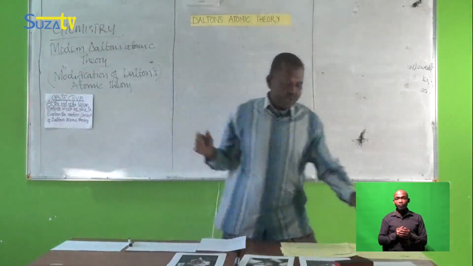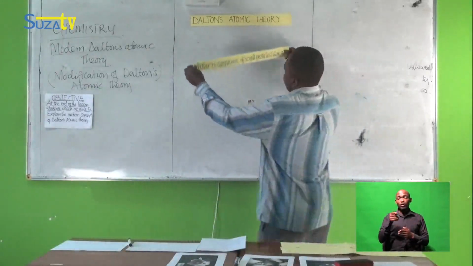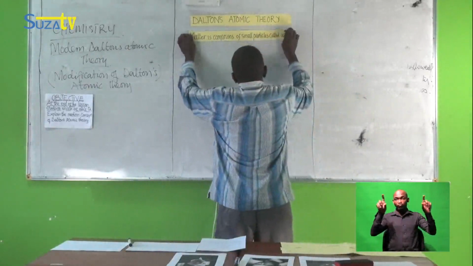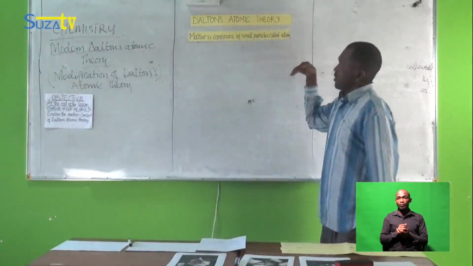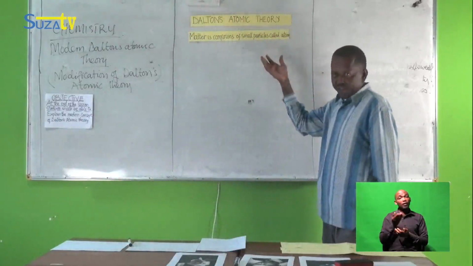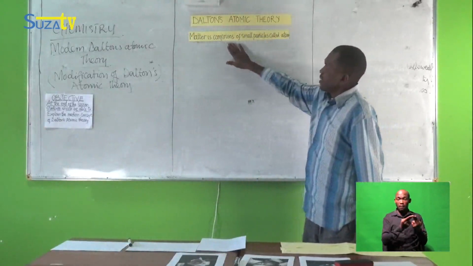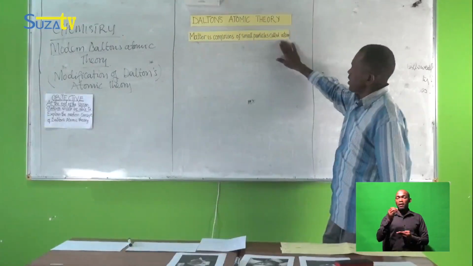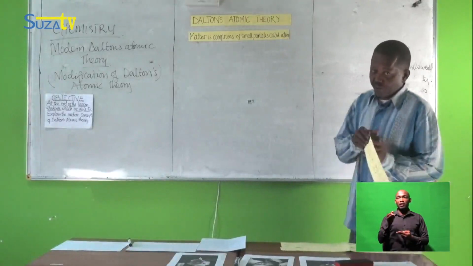I'm going to show you using this piece of manila sheet. The first postulate, although it is in another version, sounds the same in meaning: matter is comprised of small particles called atoms. That is the first one.